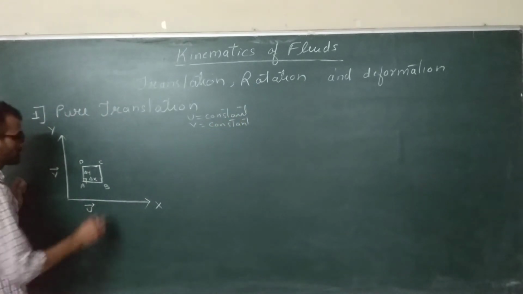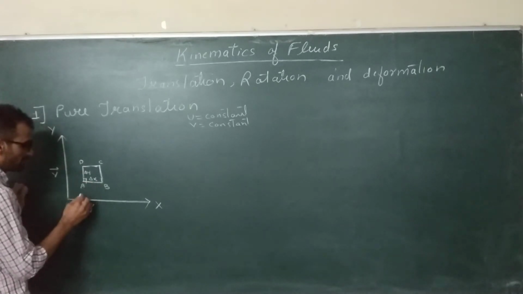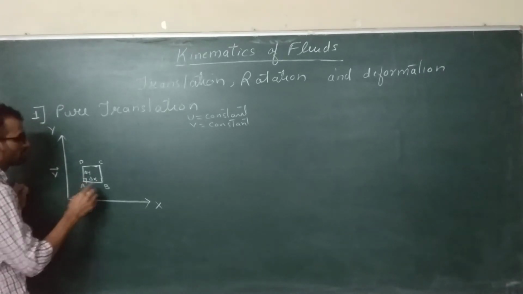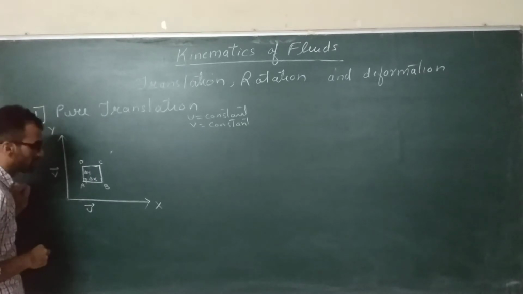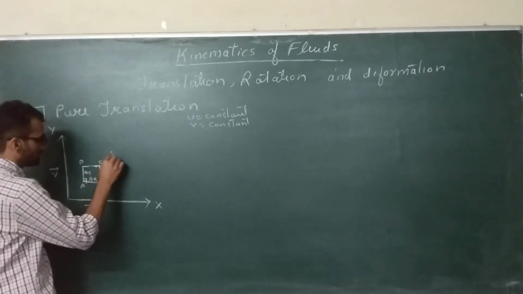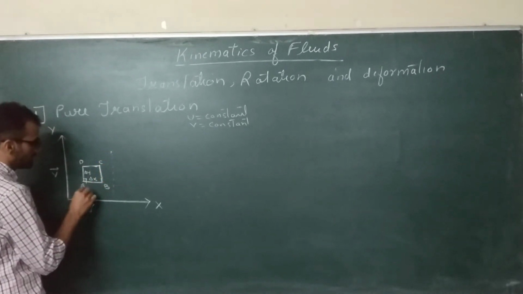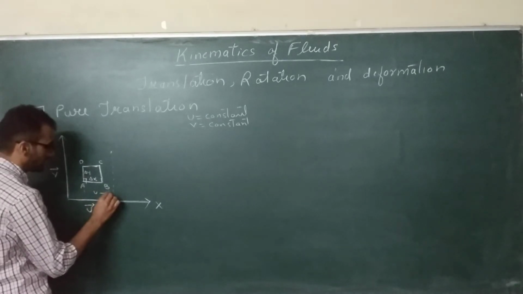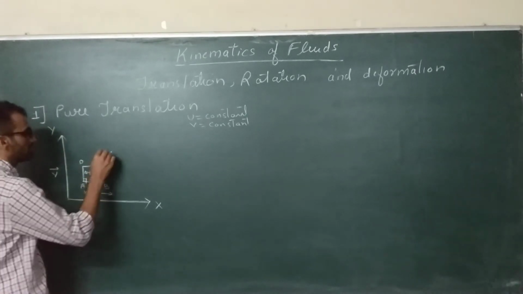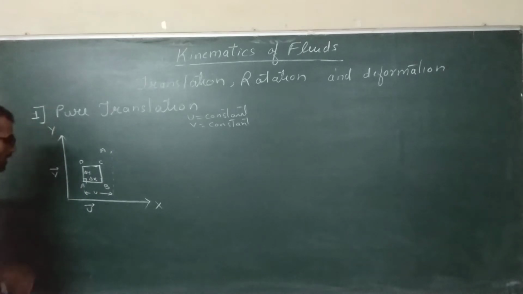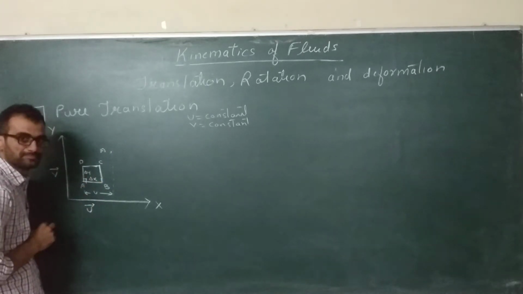U and V are constant. So in unit time, how much distance will this A travel? Let us say A is here. It should travel a distance of its velocity in x direction, that is U. So this is your A. How much distance will B travel?